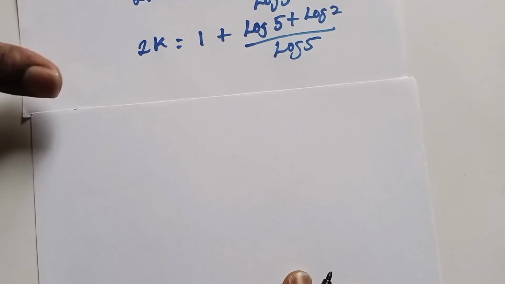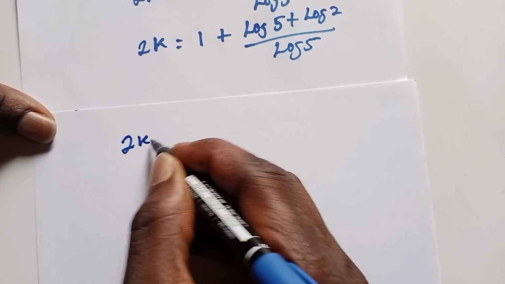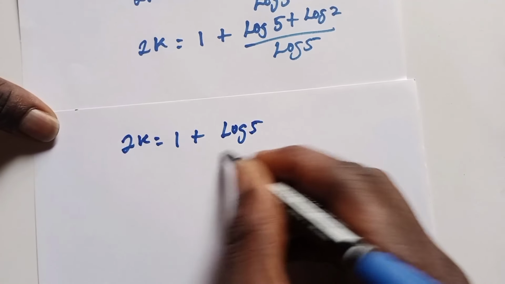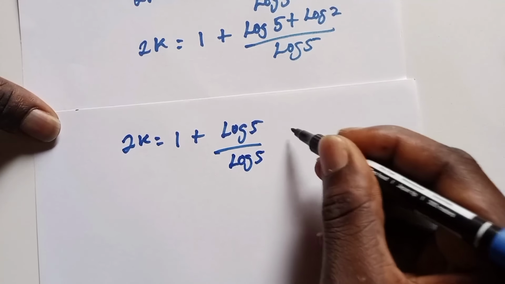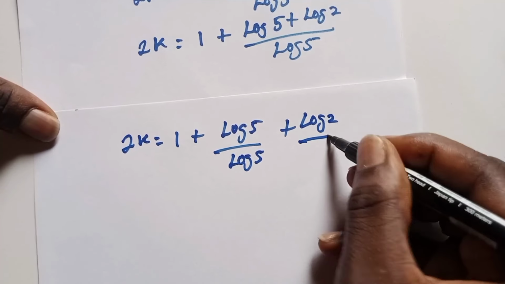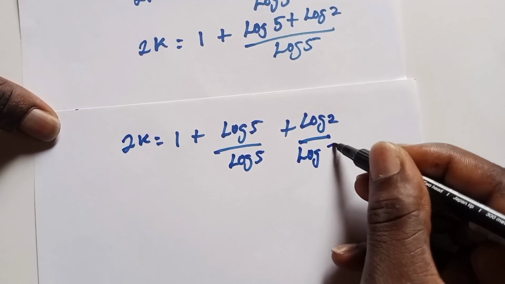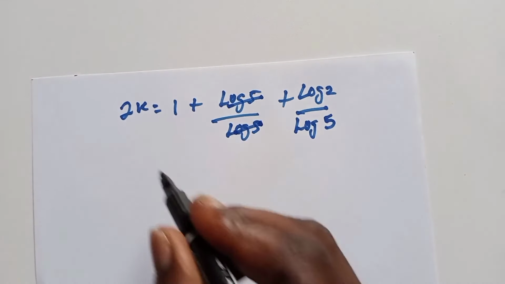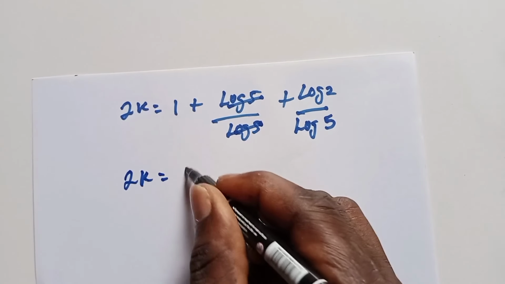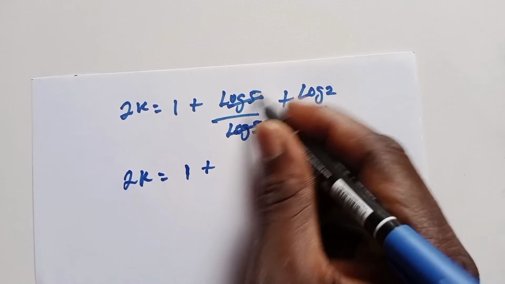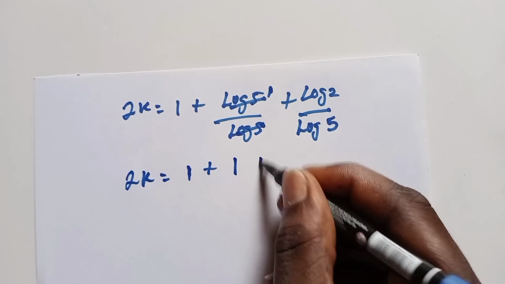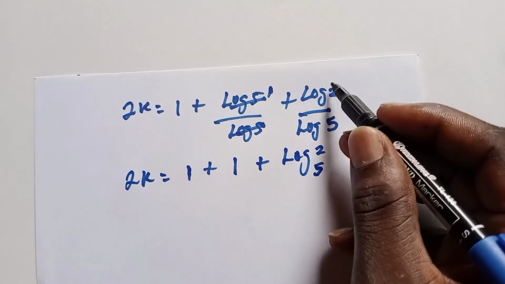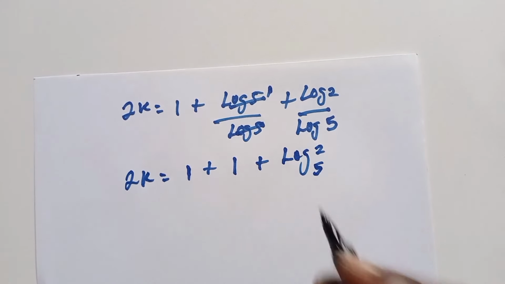If we split the fraction, log 5 over log 5 plus log 2 over log 5, and then we cancel out log 5, 2k will be equal to 1 plus 1 plus log 2 over log 5. If you apply change of base here, you get log 2 base 5.